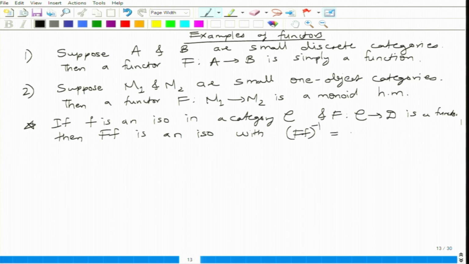F(f inverse). Correct. The only logical choice that you have. Yeah, so this is just a side remark.